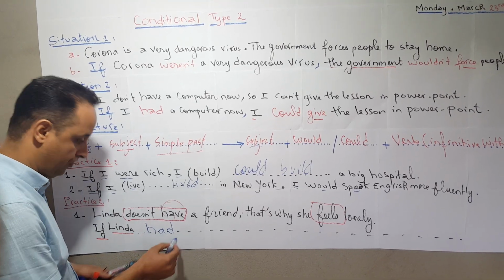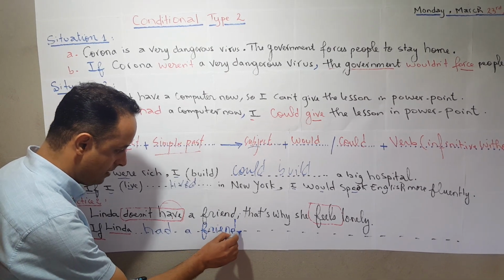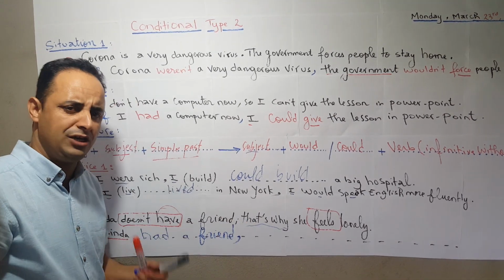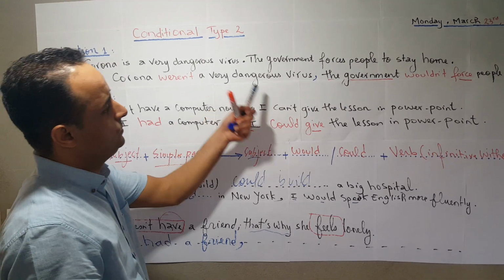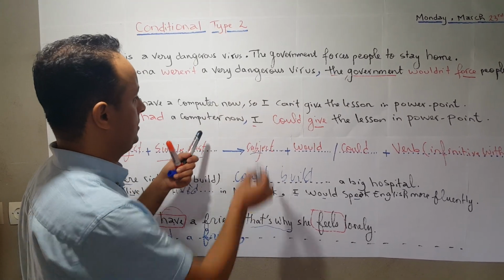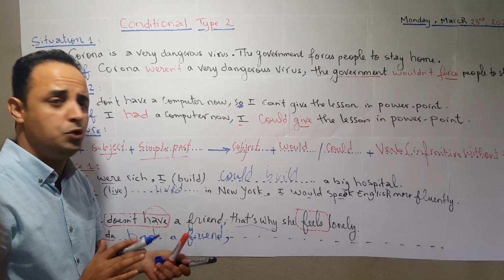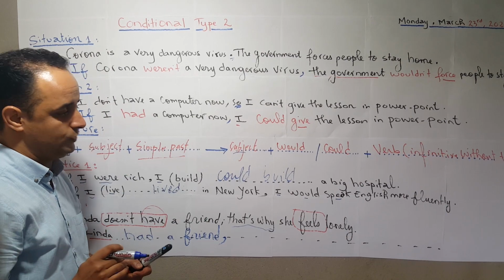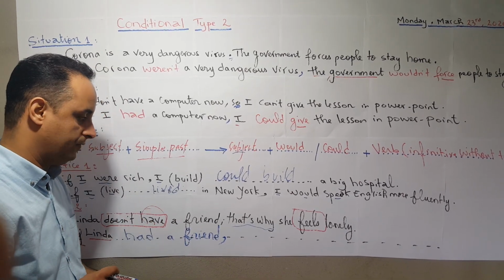"If Linda had a friend," you need to put a comma. "That's why" is just a linking word, which I use here to help you understand the situation. Just as in my second situation, I use the expression "so." Sometimes we use "so," sometimes we use "that's why," sometimes we use no linking word, just a dot between the two sentences. So we need to understand your given situation first.